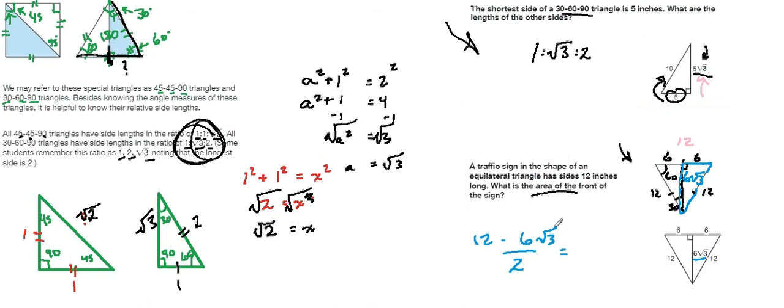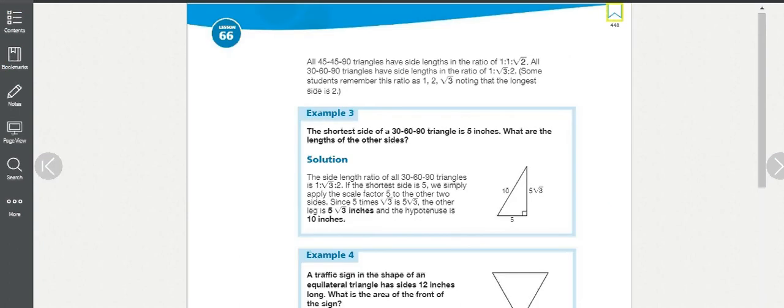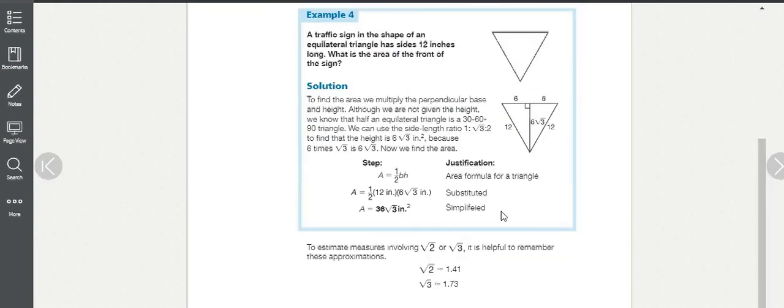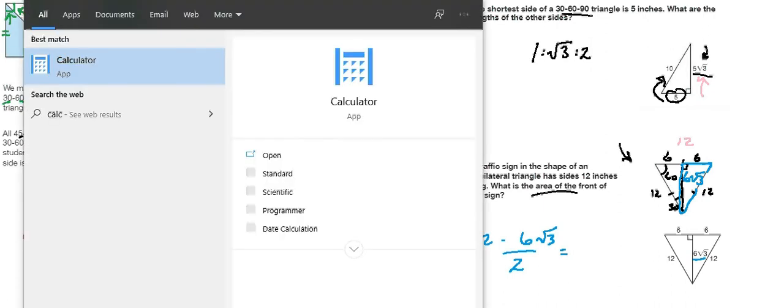Now, it's helpful when we're working with problems with things like square root of 2 and square root of 3 to maybe use the decimal. Square root of 2 is basically 1.41. Square root of 3 is basically 1.73. So let's do 12 times 6 times 1.73. Did I get that number right? Yep. I'm going to need a calculator for that.